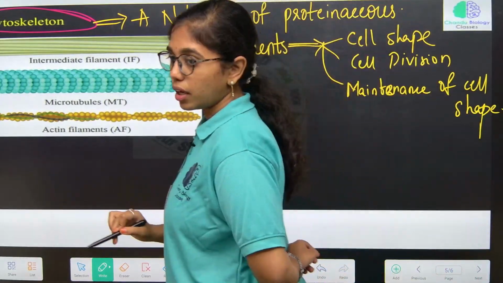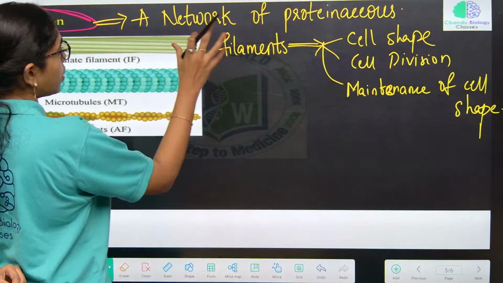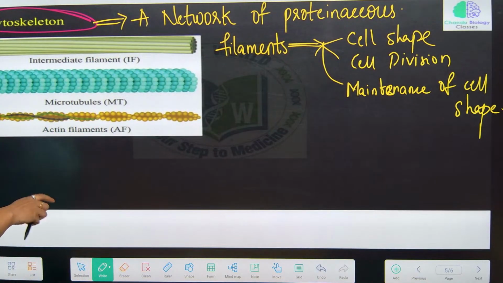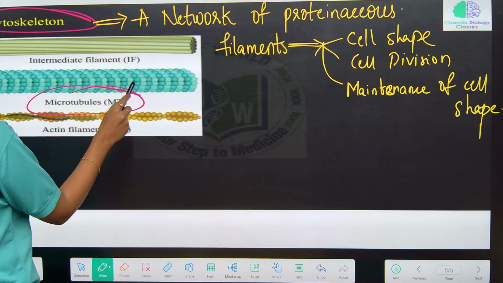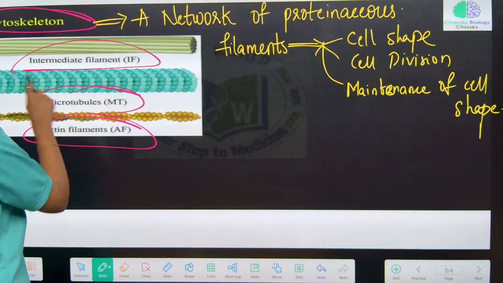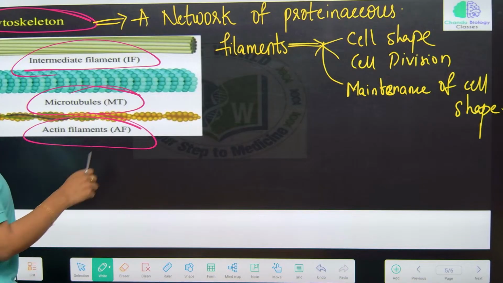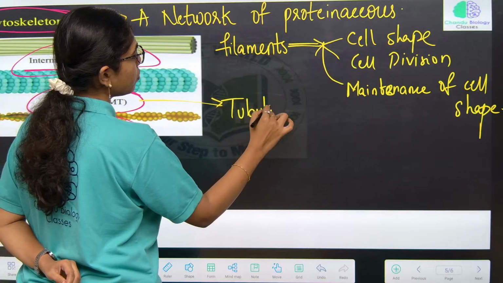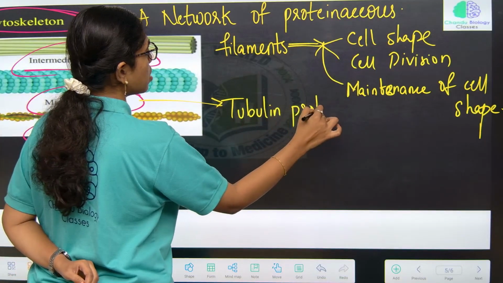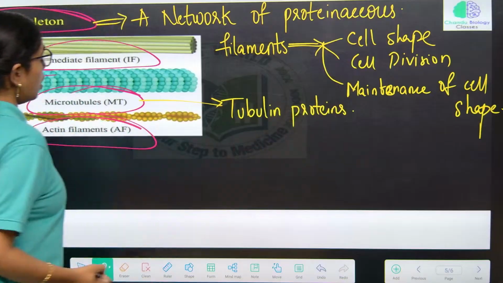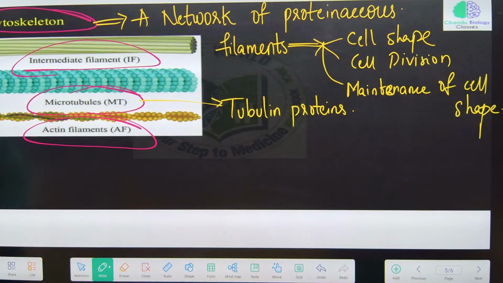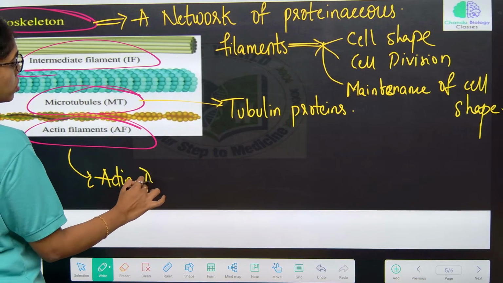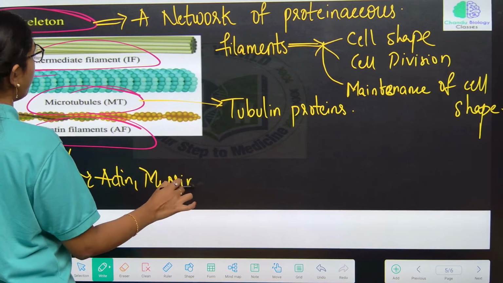Clear, right? Now, in cytoskeleton, the network of proteinaceous filaments, we have 3 proteinaceous filaments. Those are microtubules, microfilaments, and intermediary filaments. Microtubules have tubulin proteins. Microfilaments will be having actin and myosin filaments.